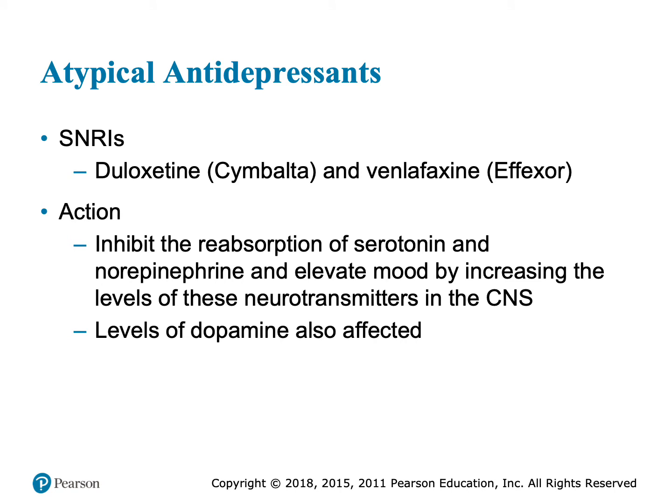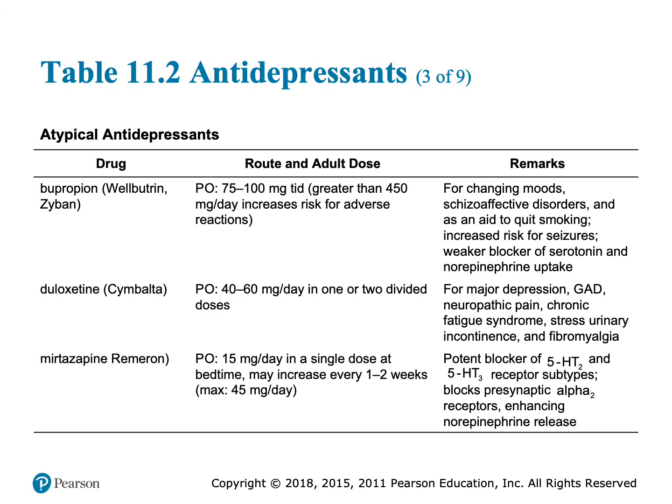These next couple of slides talk about the atypical antidepressants. On this slide, they list Cymbalta and Effexor. Additionally, there's Wellbutrin. And with these medications, particularly the Cymbalta, and I may have mentioned this in Chapter 10 as well, they can cause suicidal ideation.